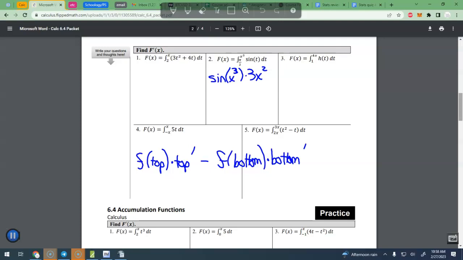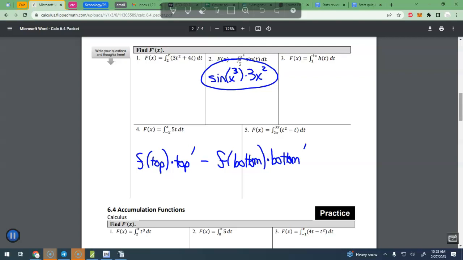I'm not even going to write the next one, because my job is going to be plug in pi over 2. So it would be sine of pi over 2 cubed plus 3 times pi over 2 squared, which sounds horrible. But I don't really have to worry about it because then I'm going to multiply by bottom prime. Well, what's the derivative of any number? It's 0, so that whole second part will just go away. And that's your answer.